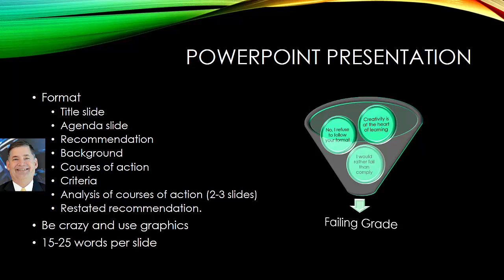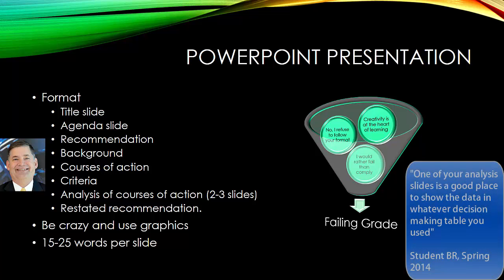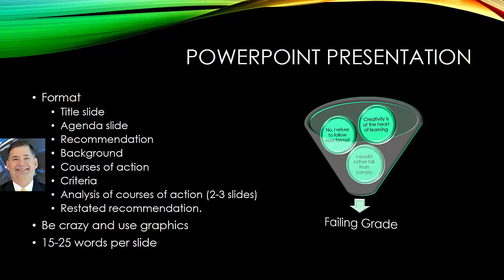Again, you may have 1 or more tables associated with that. But even if you have 2 or 3 tables, you're going to have a couple of slides of text afterwards that allows you to provide your analysis and be persuasive and relate the criteria to the courses of action. Okay? And then you follow up with a final slide, which is your restated recommendation.